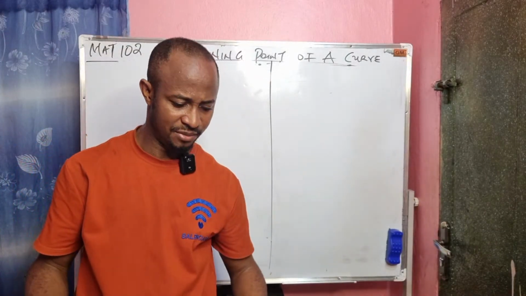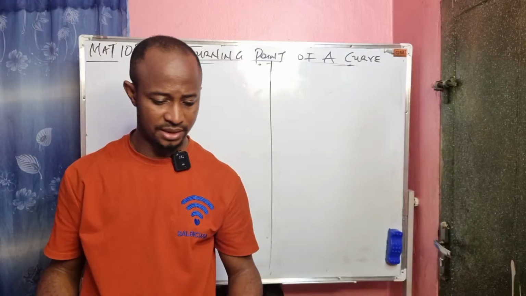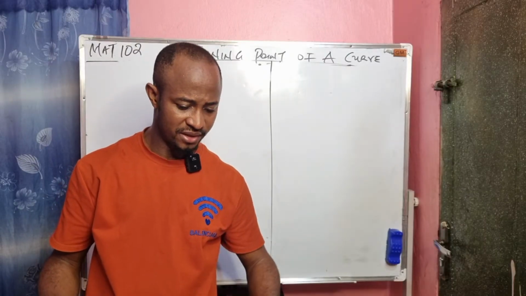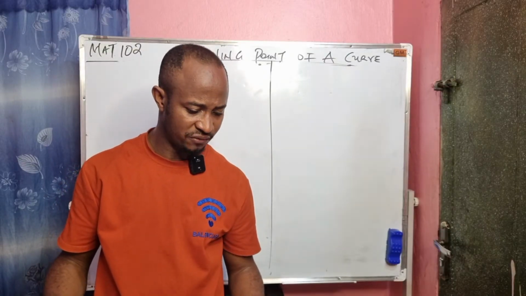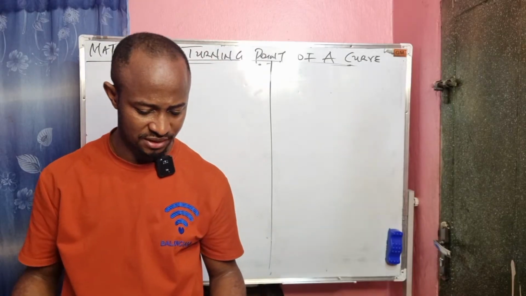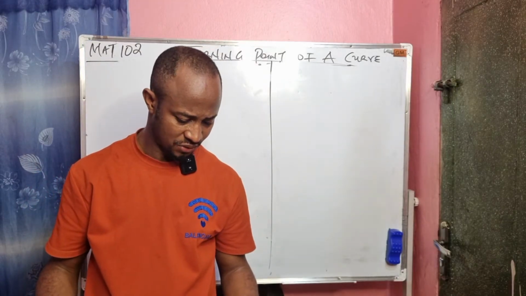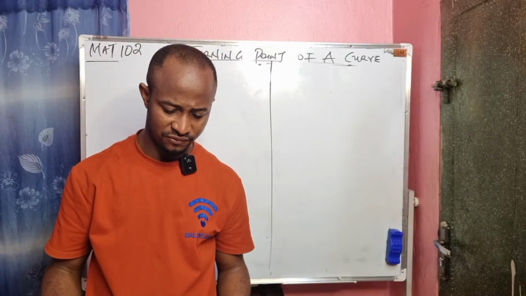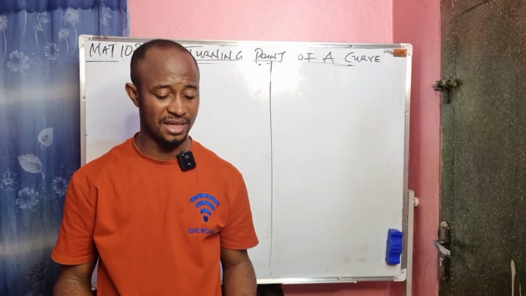Okay, but let me see if I can detect some little notes here. I've already defined turning point, a point where a curve changes direction from increasing to decreasing, right? I also mentioned the types of turning points. Then I also defined a tangent line, right?